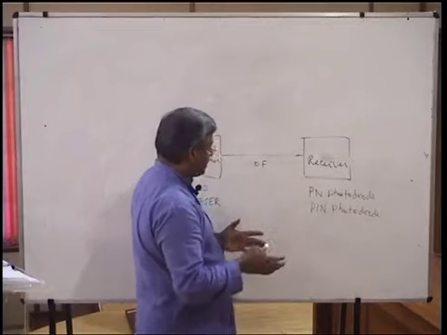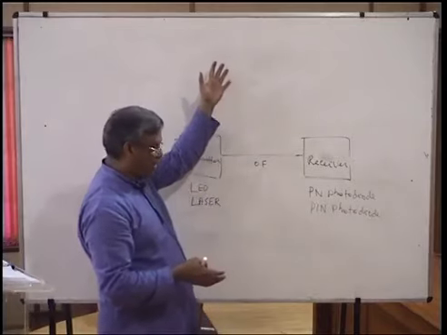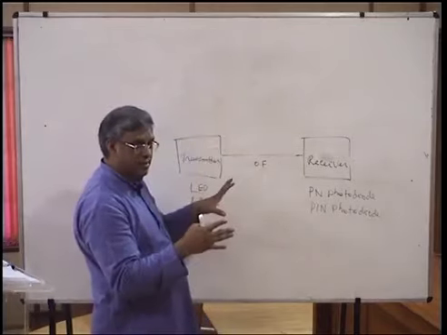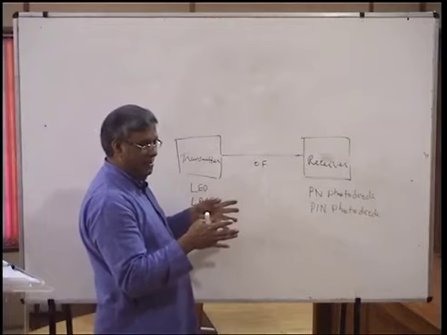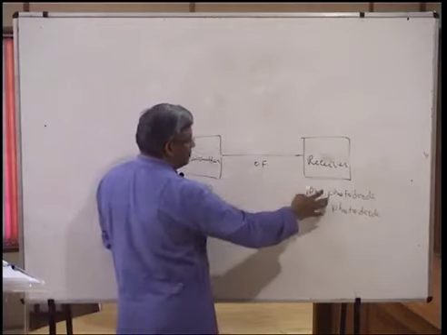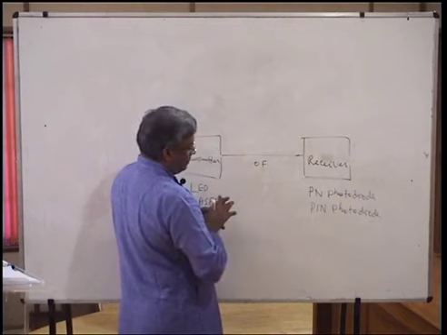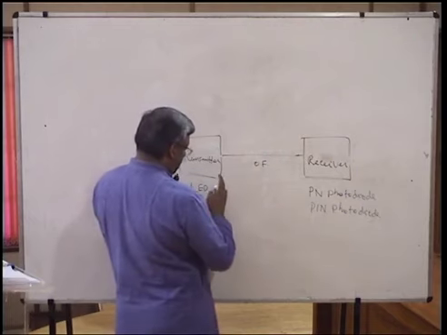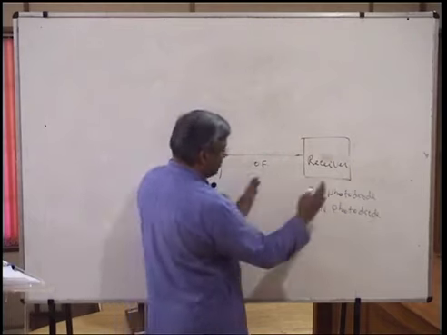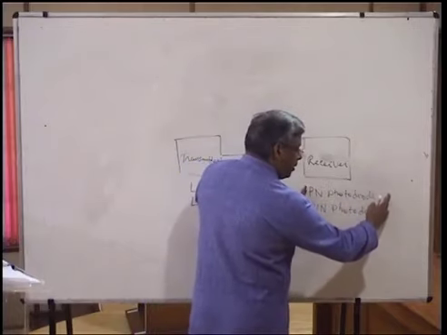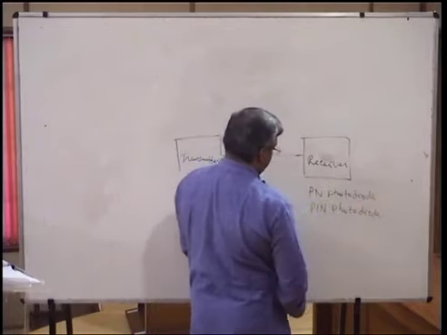And we have also discussed the solar cell. This is not biased externally. But for all PN junctions you have seen, there is an internal bias. So here we are speaking about forward external bias, and here we are speaking about reverse external bias.